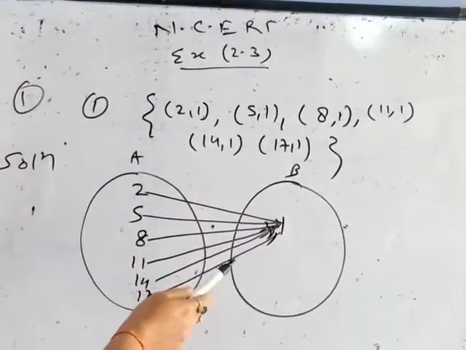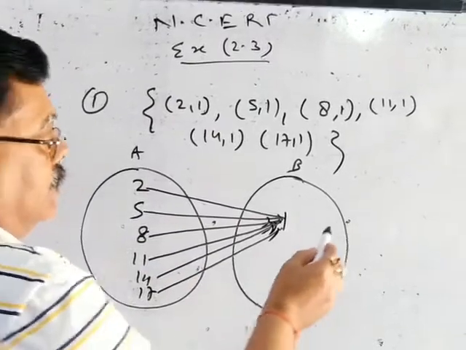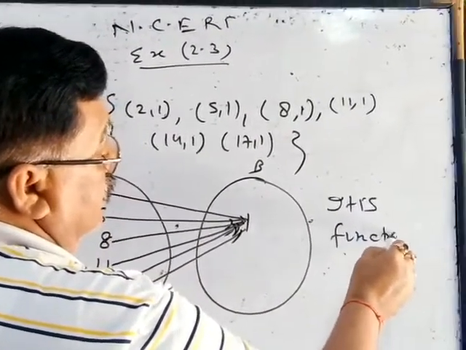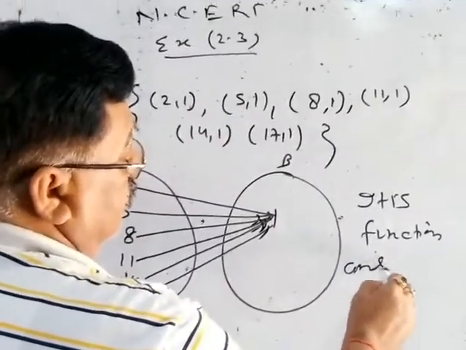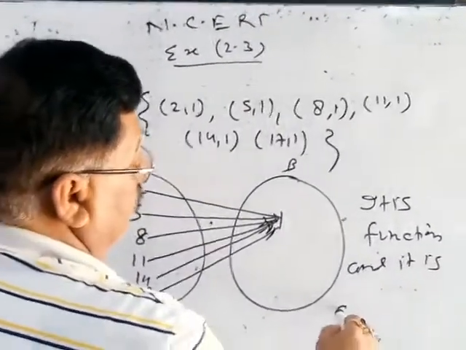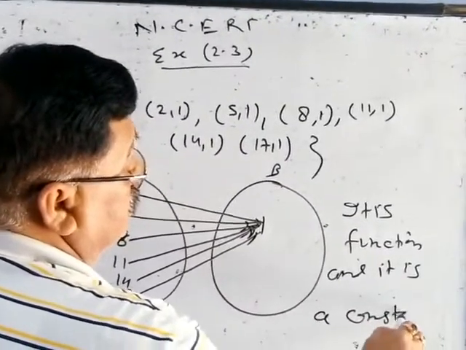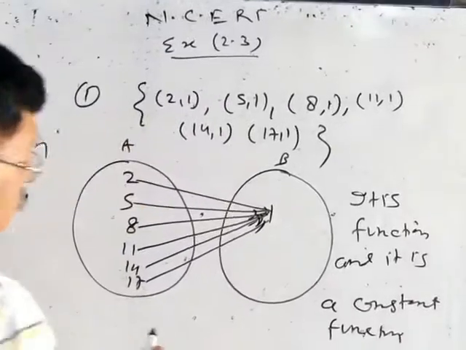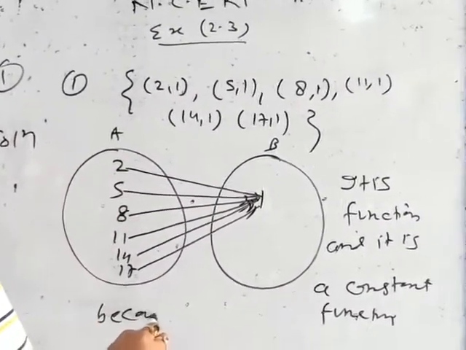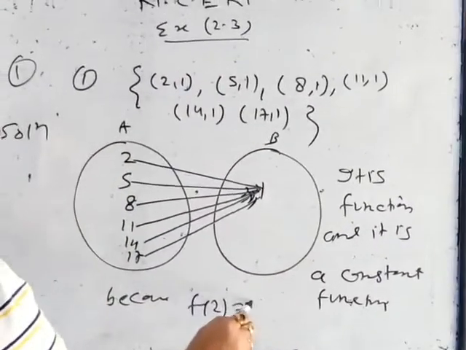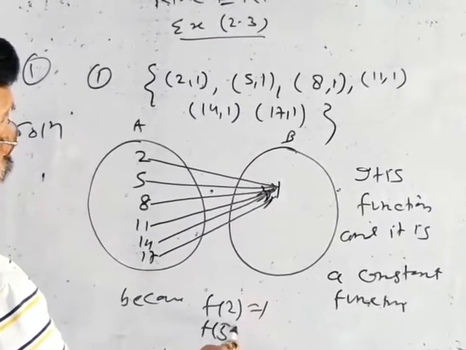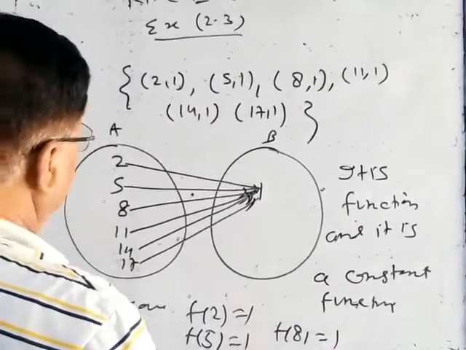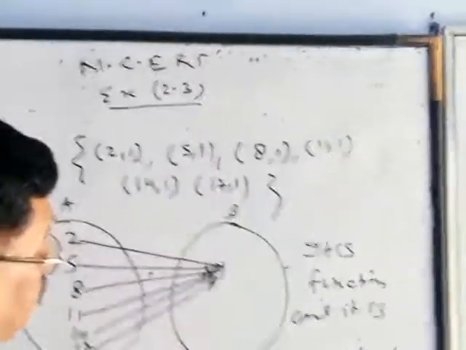So it is a function, it is a constant function, because f(2) is 1, f(5) is 1, f(8) is 1, f(11) is 1, and so on.